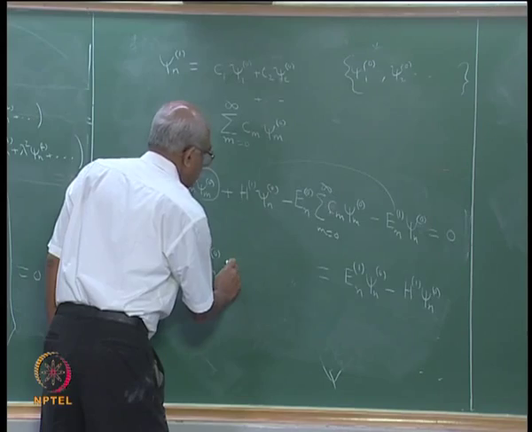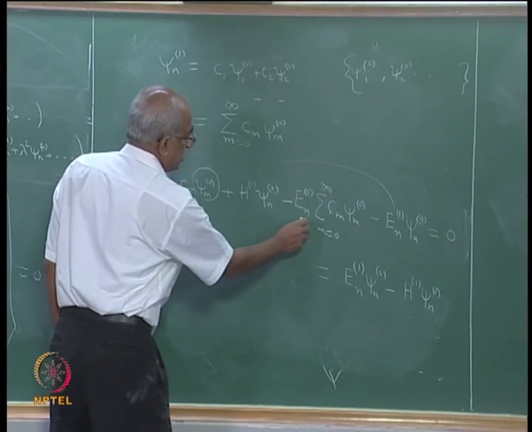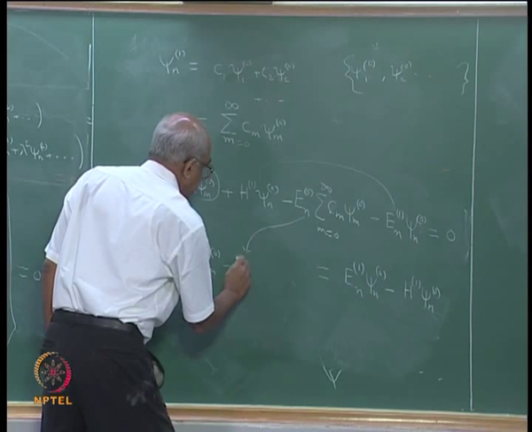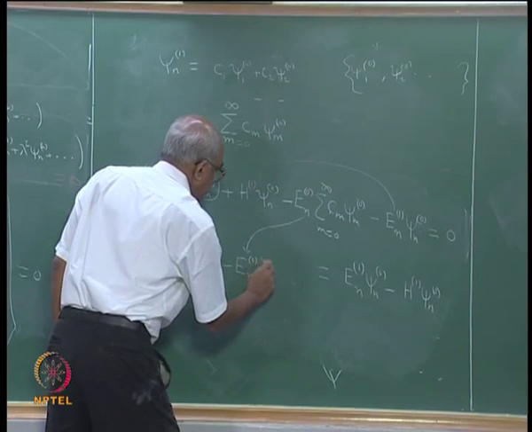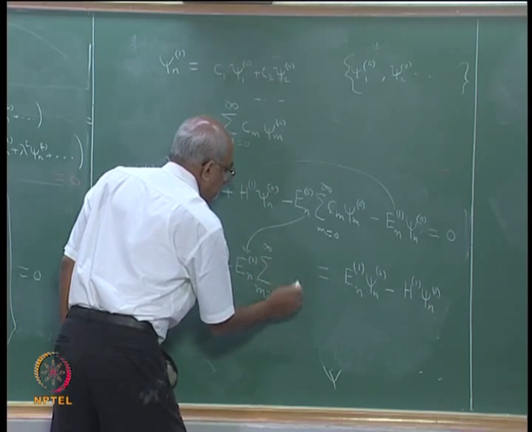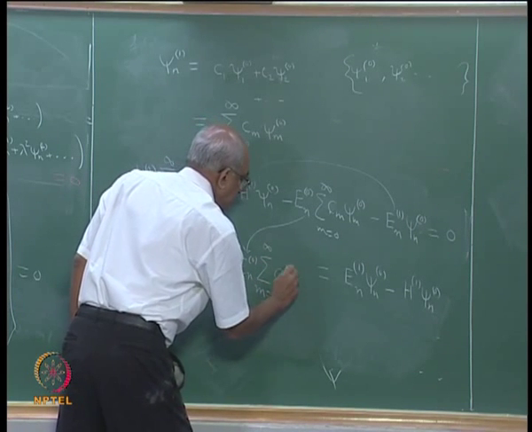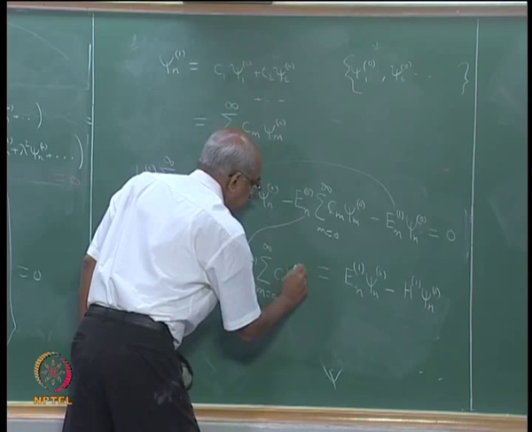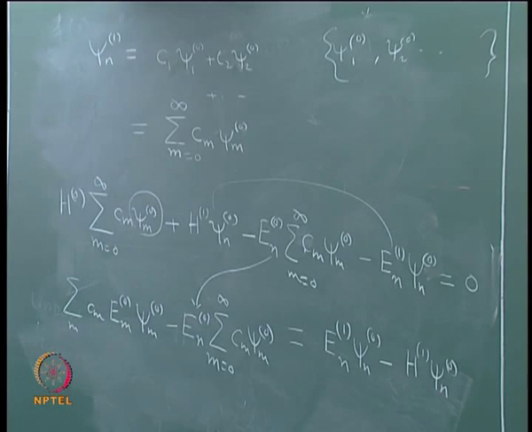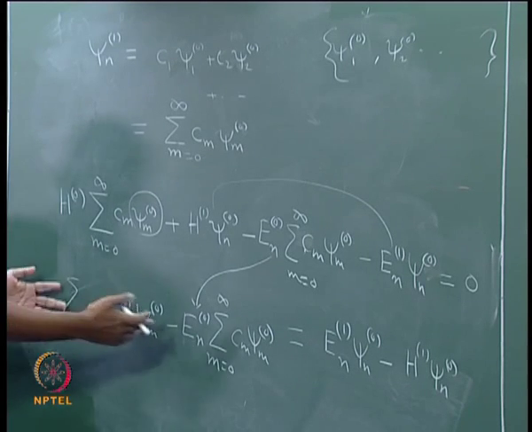Plus, oh no, it is not a plus, but this is the term that is left: minus E n 0 sigma m going from 0 to infinity C m psi m 0. Correct?